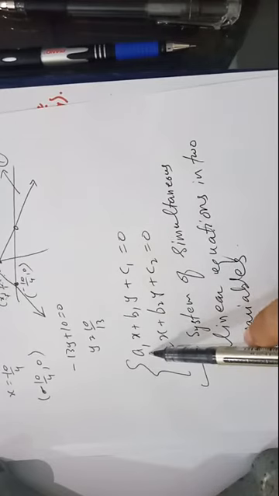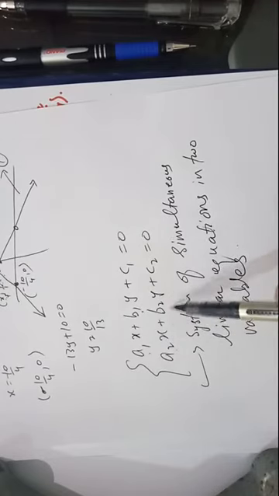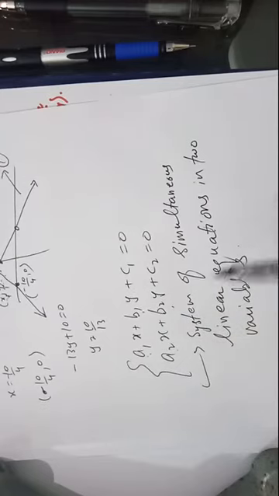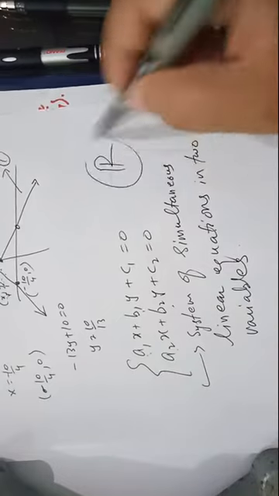But in this case a1, b1 and a2, b2 must not be equal to 0, and a1, b1, c1, a2, b2, c2 must belong to the set of real numbers.